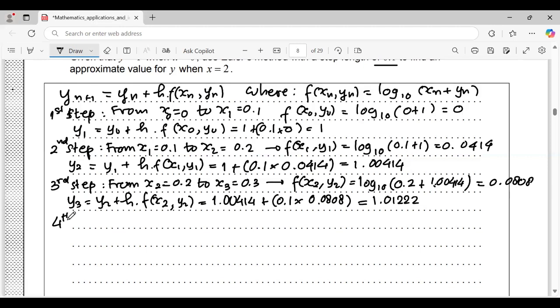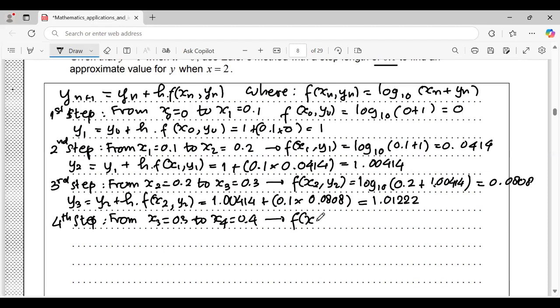Fourth step, from x3 equals 0.3 to x4, 0.4.